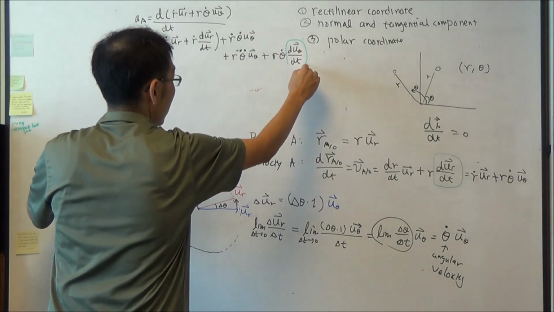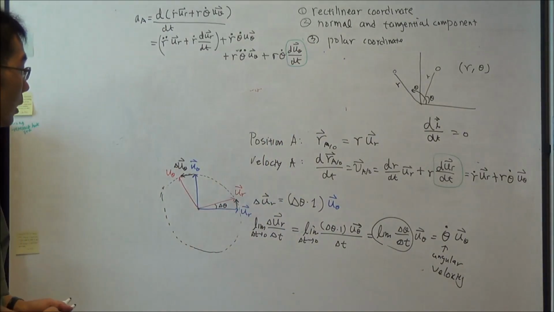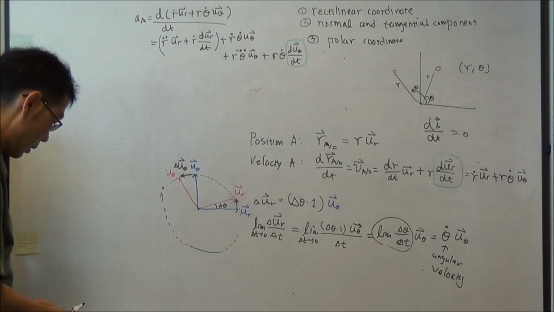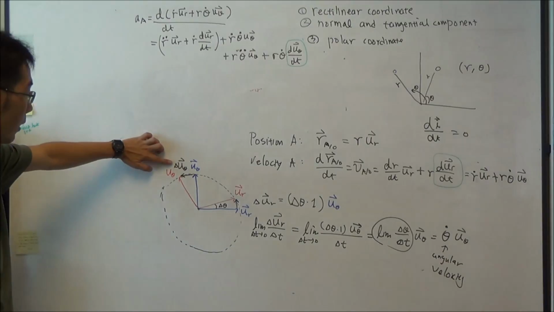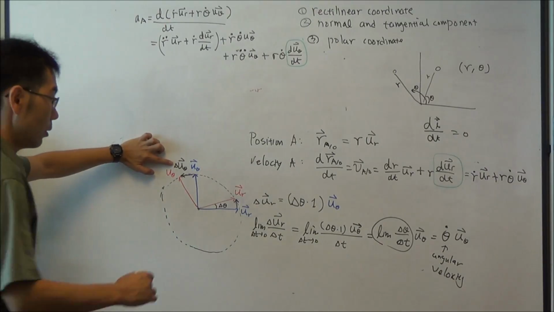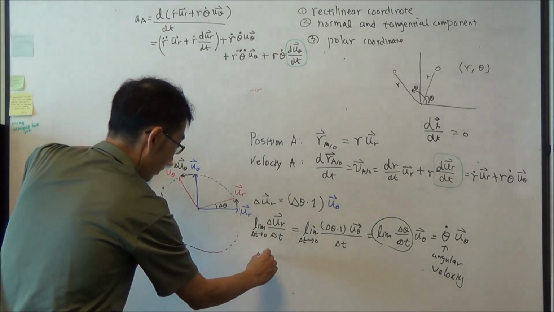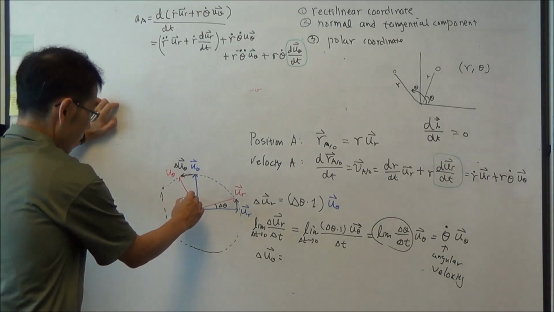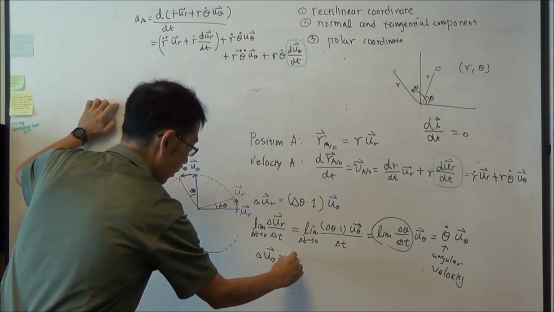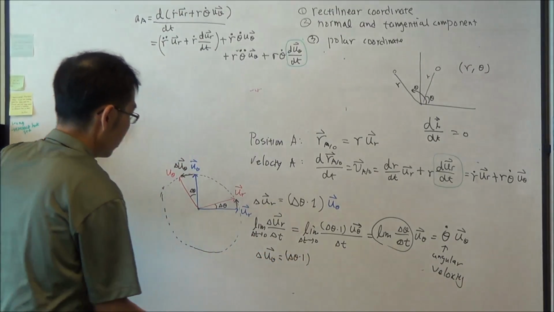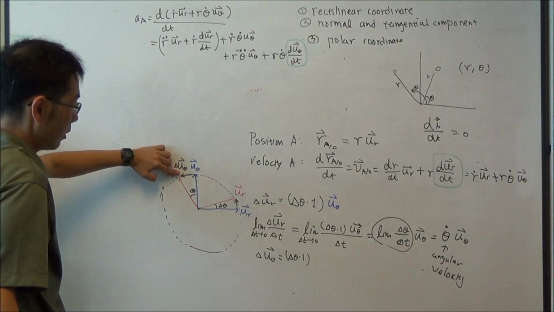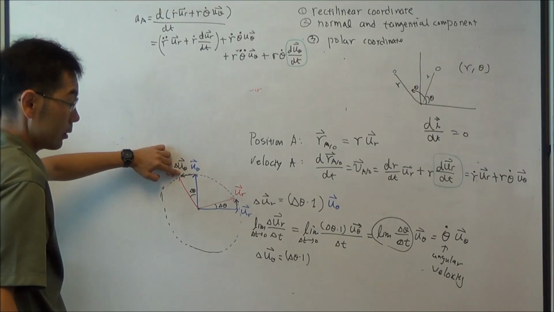So everything is understandable except this one. How can we get dU theta over dt? Just look at this one again here. So I want to find dU theta over dt. Likewise, just think about what U theta is. The magnitude is delta theta times 1. What's the direction of this black U theta vector?